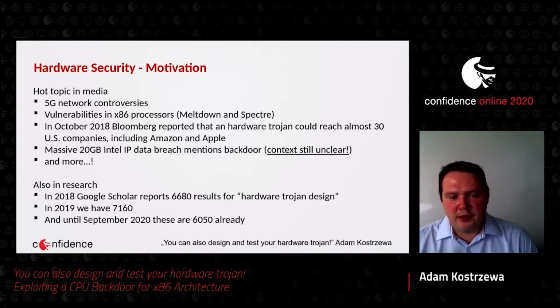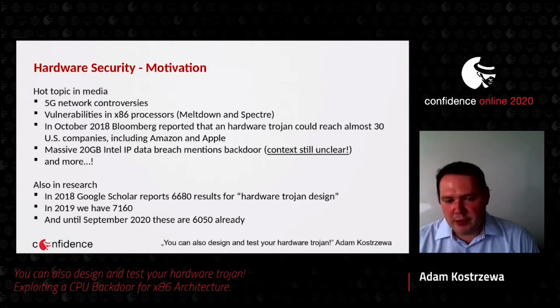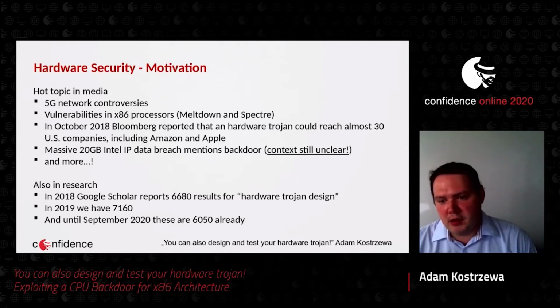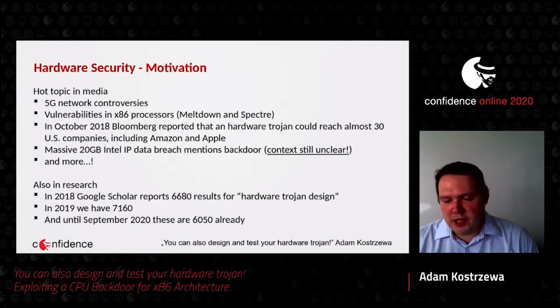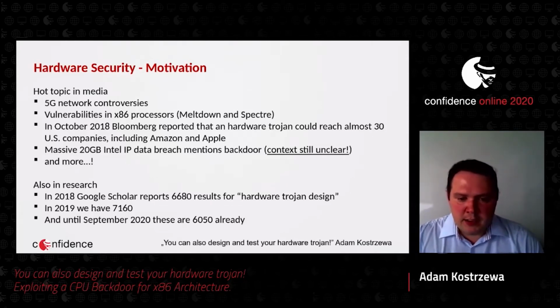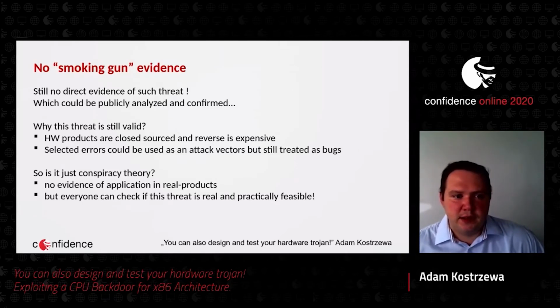It's constantly increasing. There's more and more money and resources directed towards hardware security and countermeasures. But there is still no smoking gun evidence. So there is still no direct evidence of such a threat.